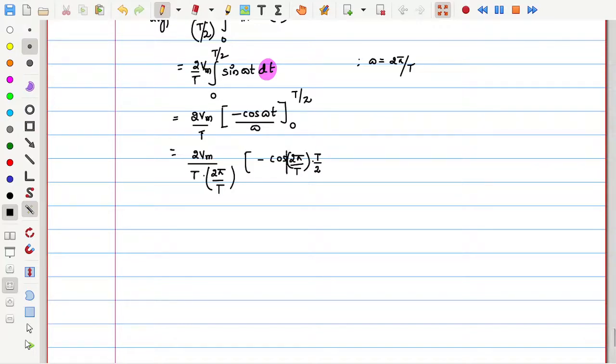Got my point? This is minus minus plus cos 0. This is the entire integration.